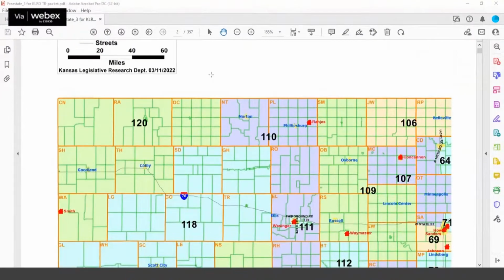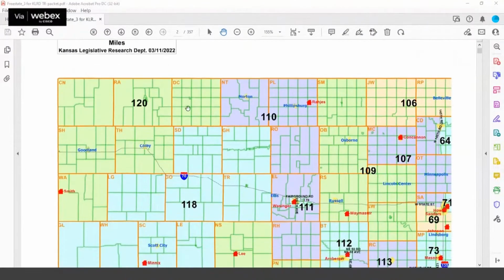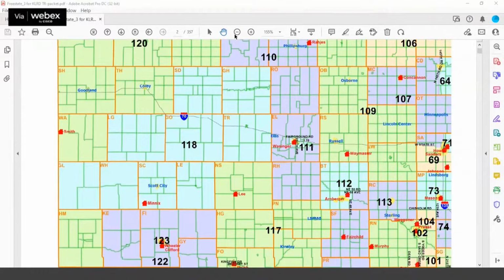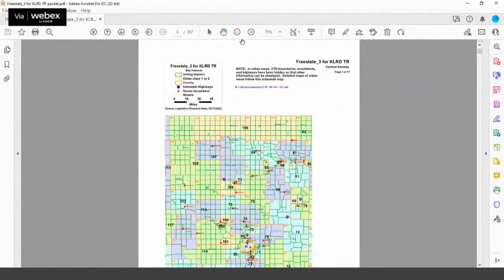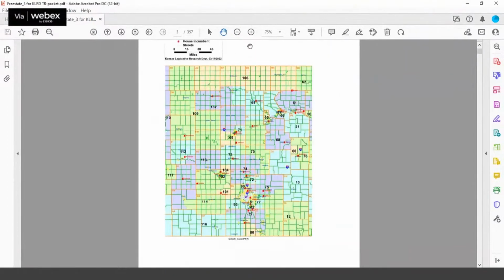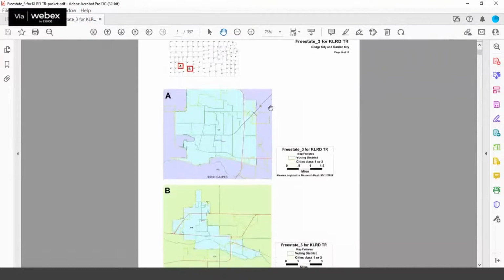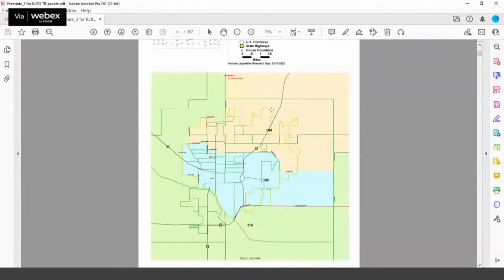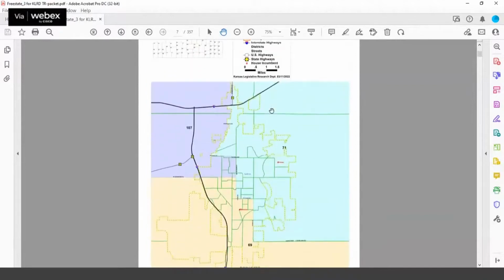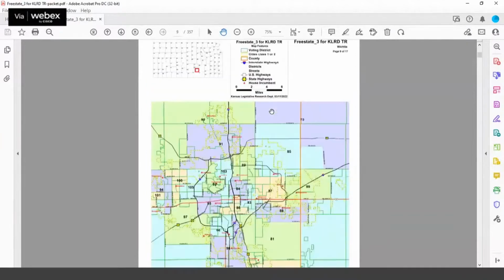So we've got a map of western Kansas, and I need to zoom out just a smidge here. We've got western Kansas, we've got central Kansas in the packet, Dodge City and Garden City, Hutchinson, Salina, Sedgwick County.